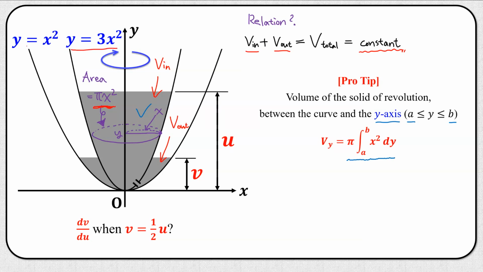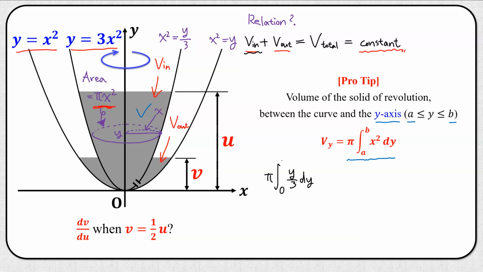From these two equations, the inner parabola gives x squared equals y over 3, and the outer parabola gives x squared equals y. Therefore, V in can be obtained by pi times the integral of y over 3 dy, where y is from 0 to u.